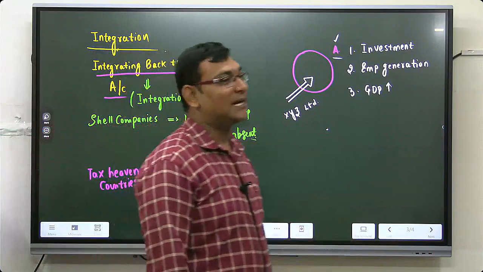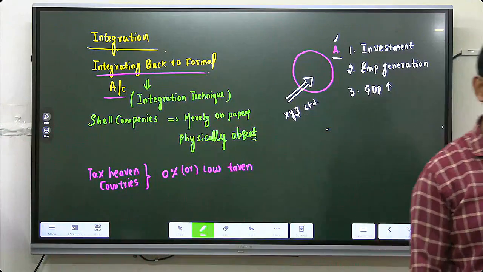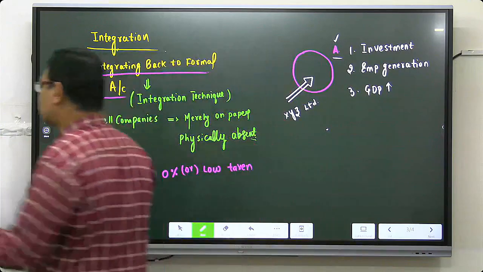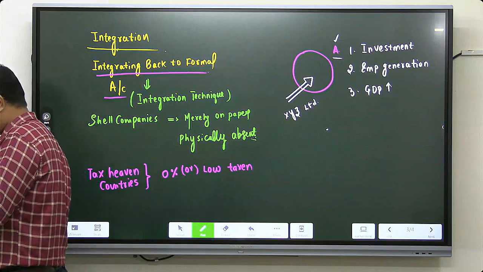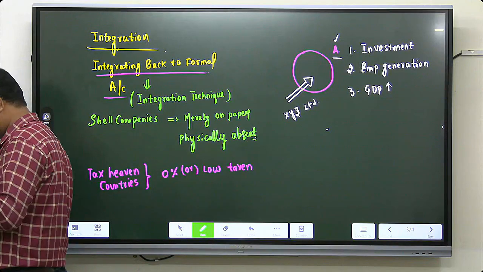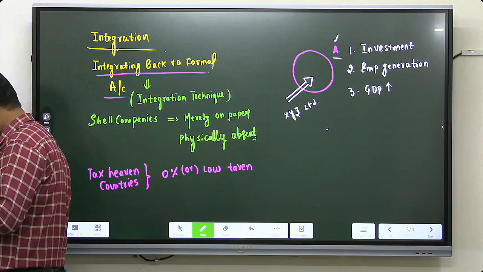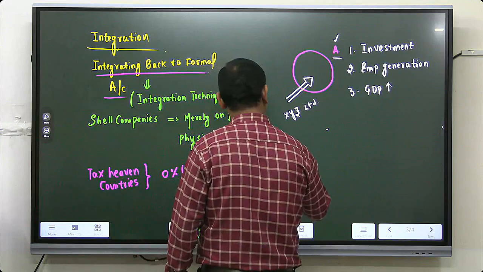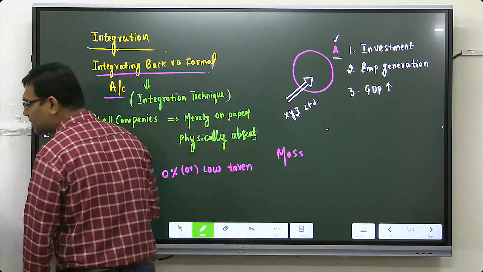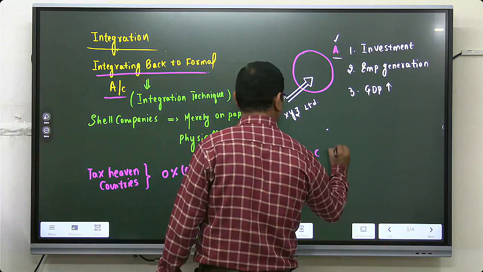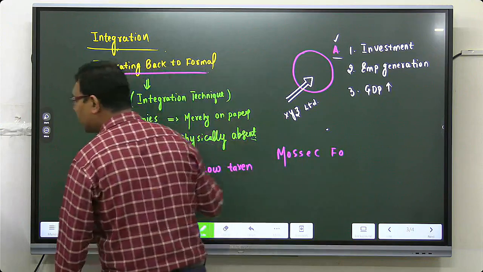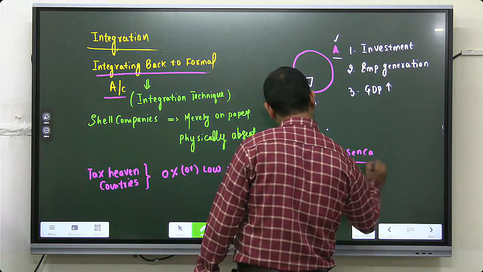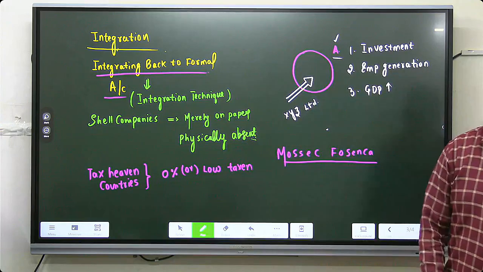When you integrate it, how do you integrate? This is the way. See, for example, there was a company, Mossack Fonseca.